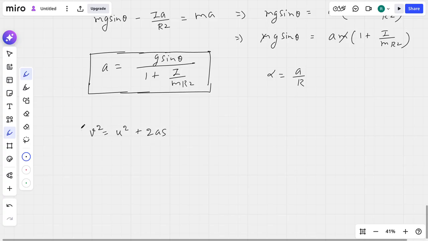We can apply this equation to find the final speed of the rolling body when it reaches the bottom point.